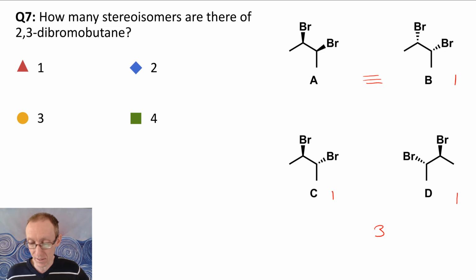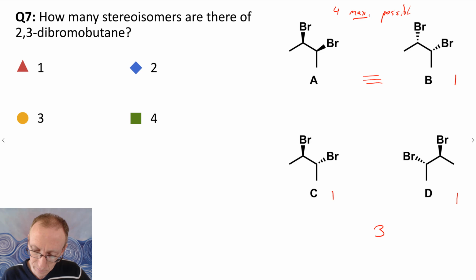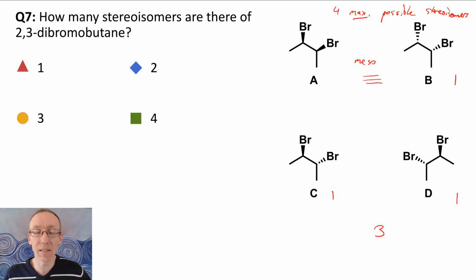Are there any that we've missed? Well, no. There's only 2 stereogenic centers. So there's 4 maximum possible stereoisomers. However, because one of these stereoisomers is a meso compound, the mirror image of the meso compound is the same compound.